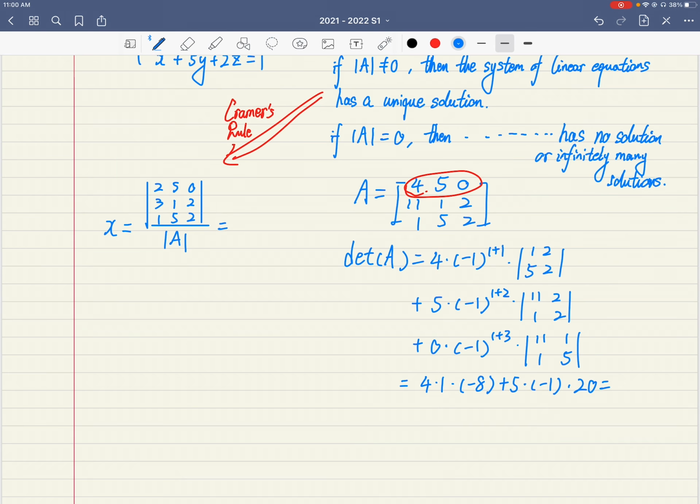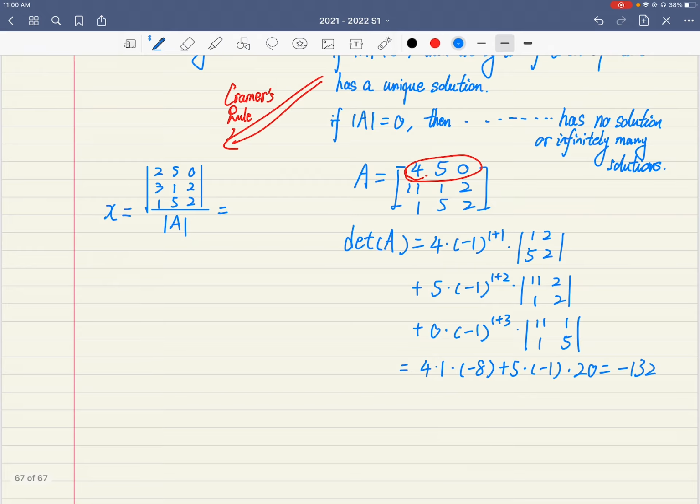So the result is -100 minus 32, so it's -132. Then this determinant you can calculate in a similar fashion. It will be -36. So x is this, and the result is 3/11.